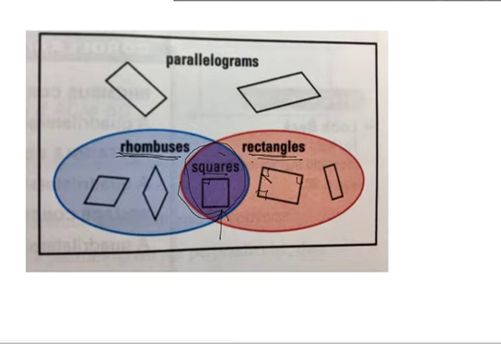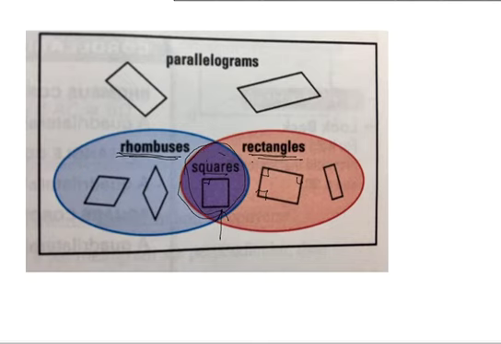So this is also sometimes true because some parallelograms are rectangles. It's not going to be true for all of the different things. So anyway, I hope that makes sense. All right, let's move on to example 2.